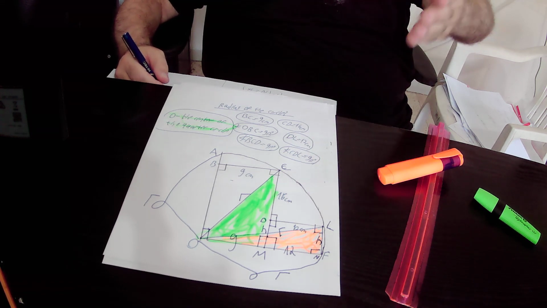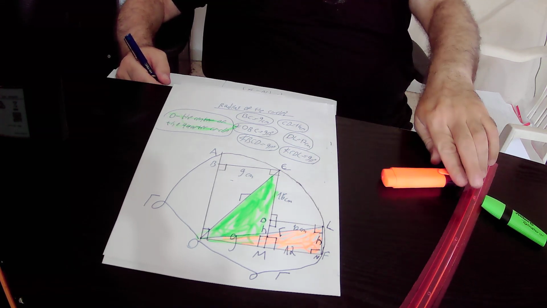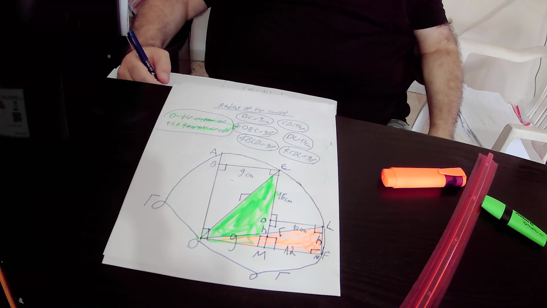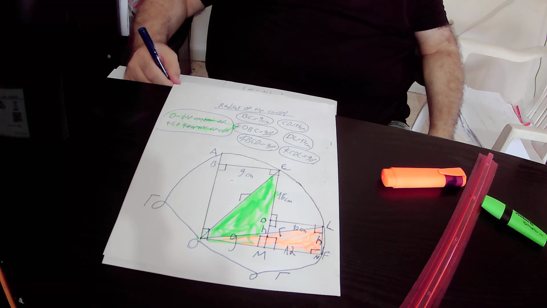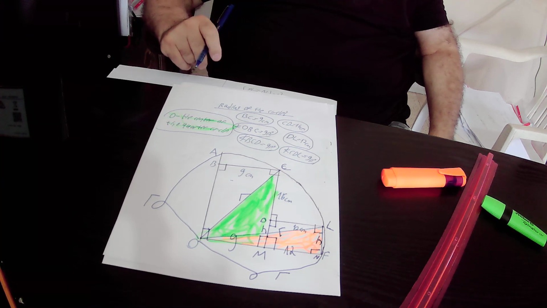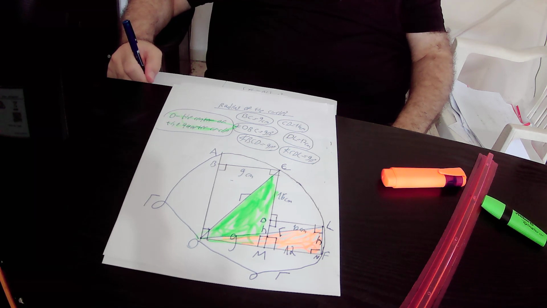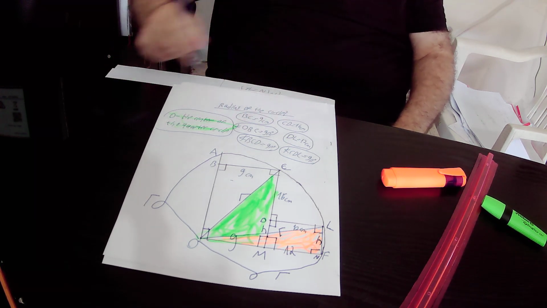According to the Pythagoras theorem, in the right triangle OLN, the square of the hypotenuse equals the sum of the squares of the perpendiculars. The square of the hypotenuse is OL squared, and it must be equal to the sum of the squares of the perpendiculars. That is to say, it must be equal to LN squared plus ON squared.